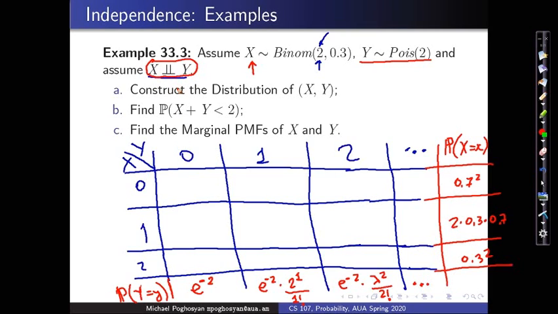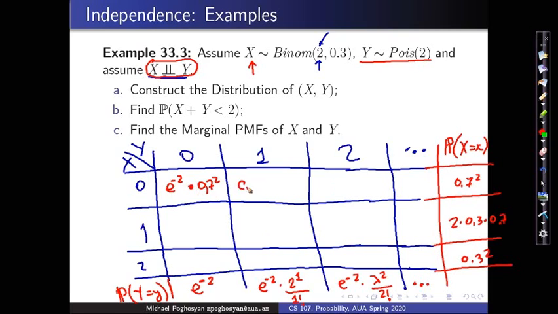Okay, now I'm using this information to fill this table. This information says that the corresponding probability is obtained by multiplying this and that. The corresponding row and column marginal product is written in the intersection of that row and column. So here I will have e to the minus 2 times 0.7 squared. Here I need to write this times that.